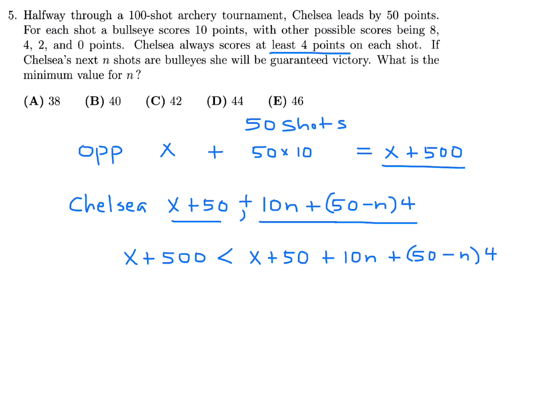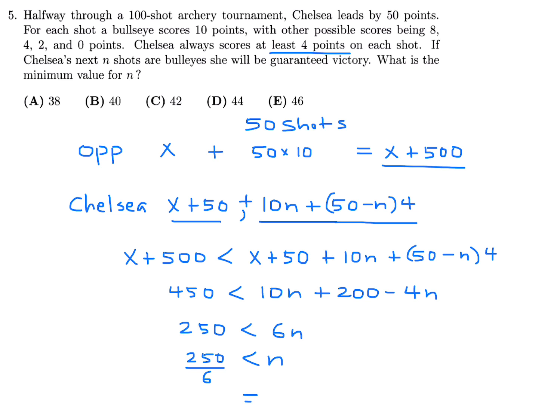All right, good news is the X's cancel, so we can get rid of that. Bringing this over, we get 450. And then expanding that, we'll get 200 minus 4N. And then this becomes 6N is 250. And therefore, N is greater than 250 over 6.